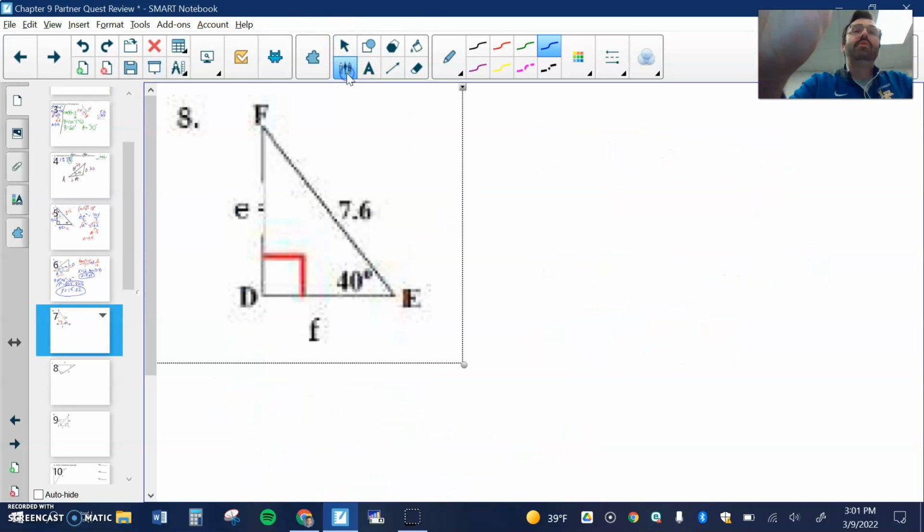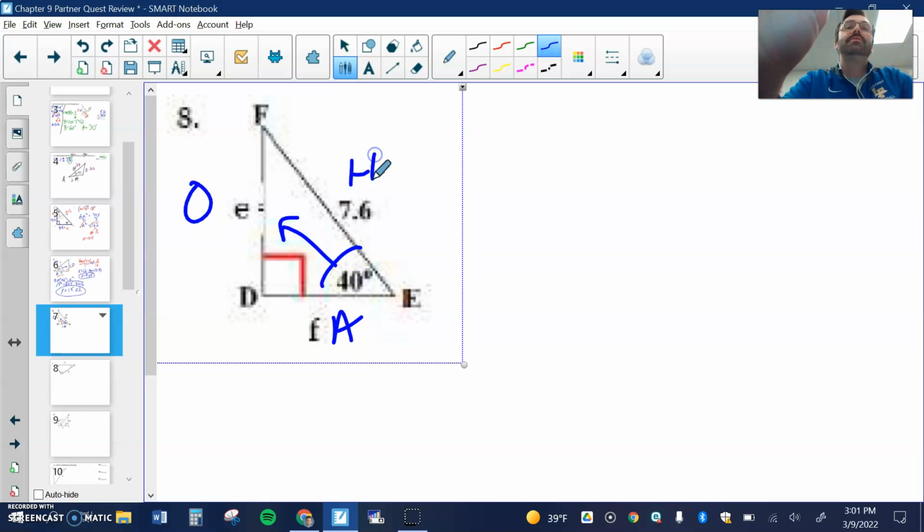All right, let's keep going. We got more trig here. So I got opposite, adjacent, hypotenuse. I'm going to use the hypotenuse. And what did I do first? I did sine, the opposite.